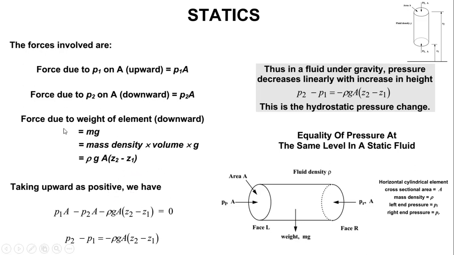If we now balance our forces, the summation of forces is equal to 0 when a fluid is at rest. So P1A minus P2A minus rho g A (Z2 minus Z1) should be equal to 0. When you combine these, you get P2 minus P1 is equal to negative rho g A (Z2 minus Z1). This is known as the hydrostatic law, or the hydrostatic equation.